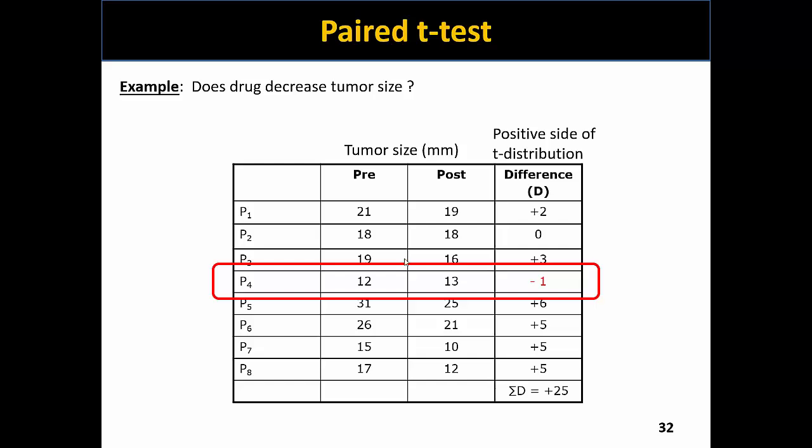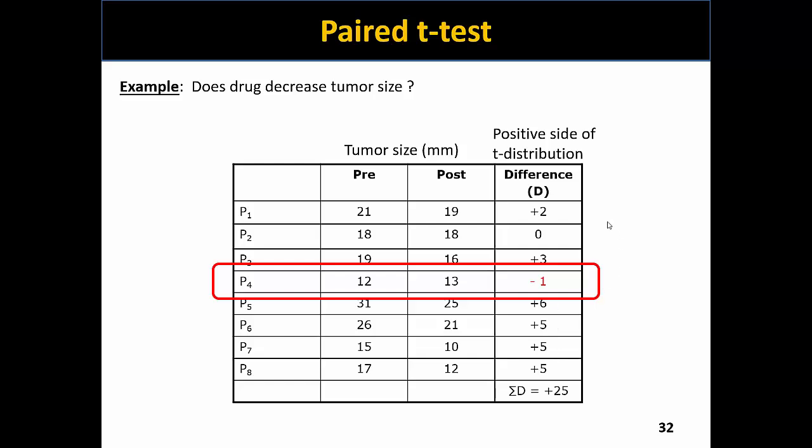Make note that there was one participant that had a tumor size measurement that actually increased by 1 millimeter. The first step here is to calculate these differences and then to sum the differences vertically.